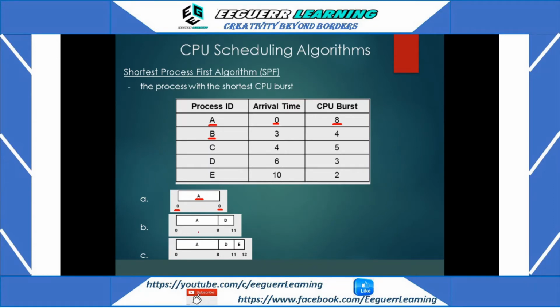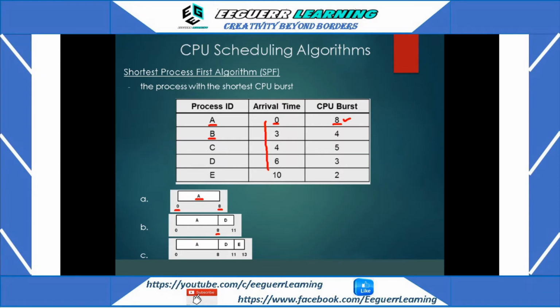And we will have here, we are done with letter A, which is 8. And since we already processed 8 milliseconds, here is our arrival time. So we're going to check the time for the process or the finished time.